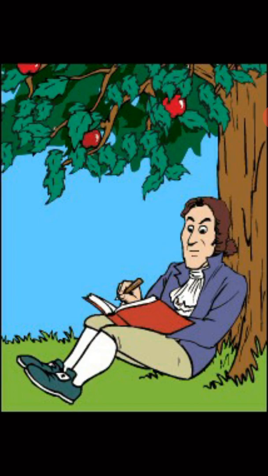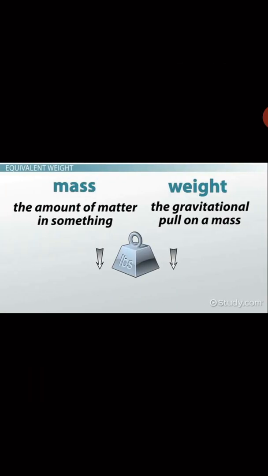Because of the force of gravity, we can also stand stable on the ground. Yes, all the objects are stable on the earth because of the force of gravity only. So the force of gravity acting on a body is called the weight of the body.